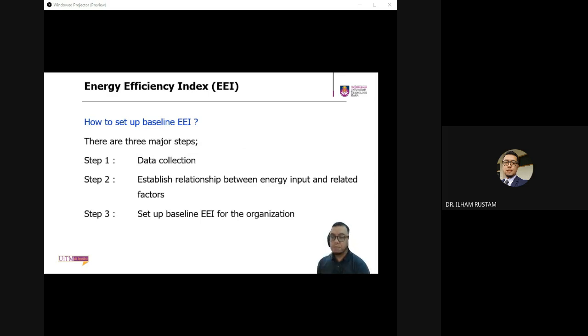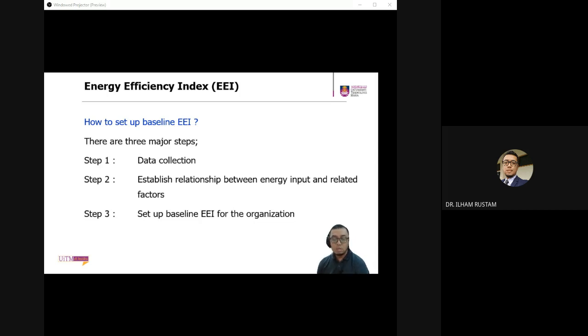Okay, then there are 3 steps that you need to perform in order to set up the EEI baseline. First, data collection. You can't divide something, you can't multiply something, you can't add something if there's no number. Of course, in research, there is this thing called qualitative and quantitative.